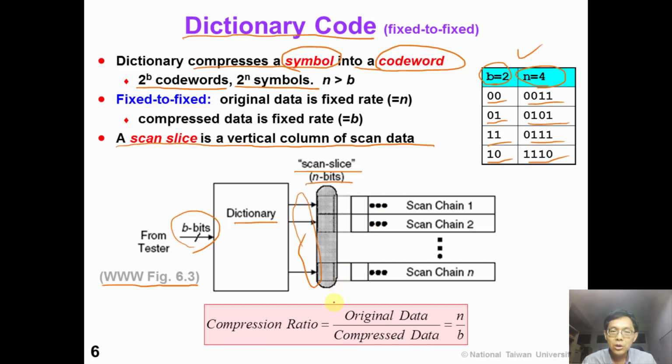The compression ratio of this technique is equal to N over B, which is the original data divided by compressed data. For example, if N is 4 and B is 2, the compression ratio is 2. The dictionary code compression is called a fixed-to-fixed compression technique because the original data comes in at a fixed rate and the compressed data comes out at a fixed rate.